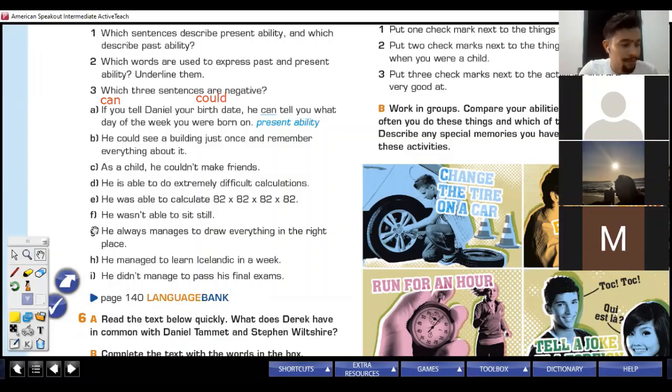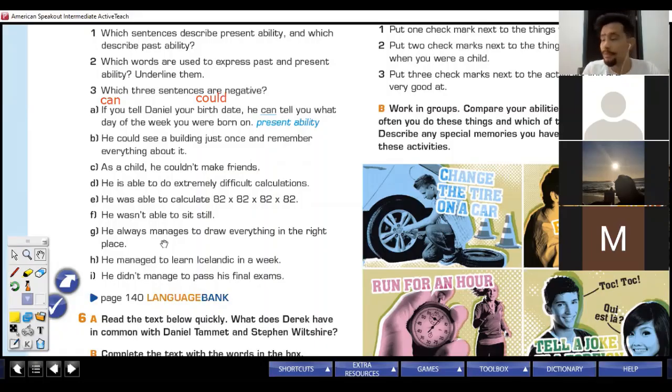Here, F. He wasn't able to sit still. Wasn't able to. Past ability, negative. All right, great, right? Negative, so more like disability. Good. G. He always manages to throw everything in the right place. Manage to, right? In this case, he manages to.